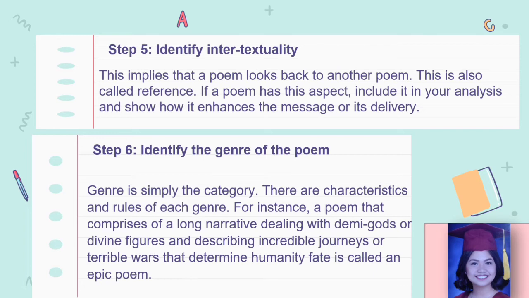A sonnet, on the other hand, is a short poem with 14 lines in which intimate emotions are expressed. Other poem genres include mock epic, lyric, ballad, parody, ode, amongst others.